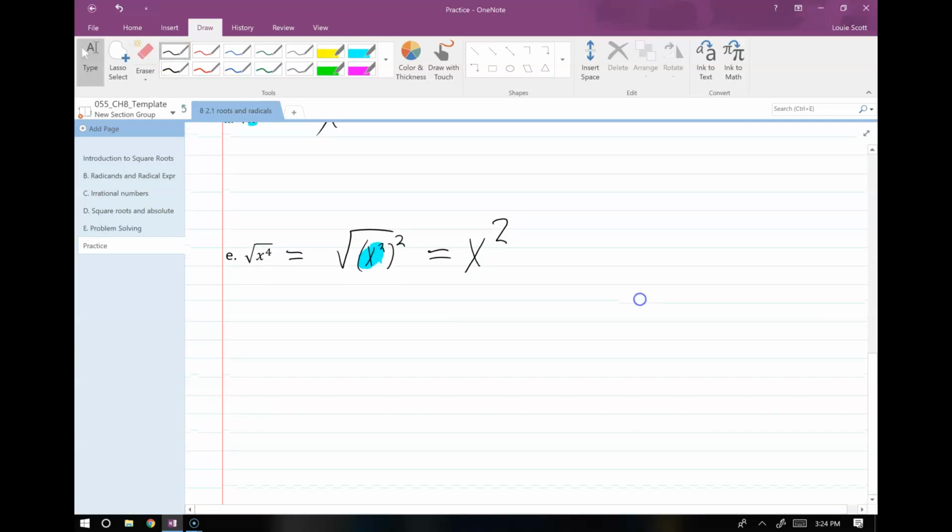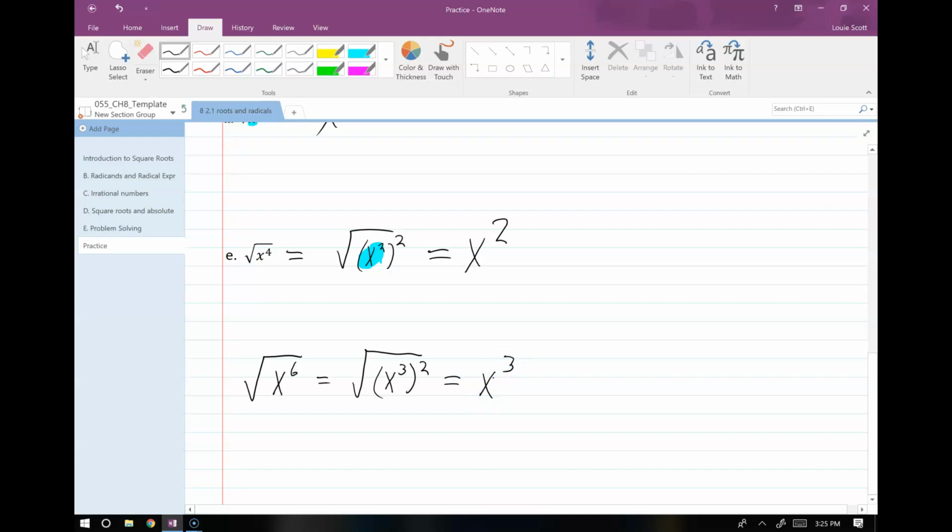I can do this same thing. Let's do one more here. If I wanted to find out what the square root of x to the 6th is, you know where this is going. I just rewrite this, and I say, well, this is x cubed squared. So what comes out? It's whatever is inside. So it's x cubed.